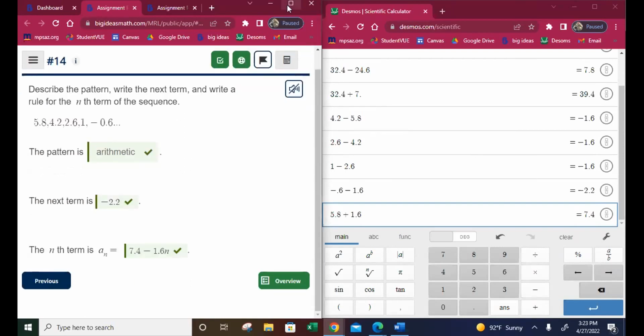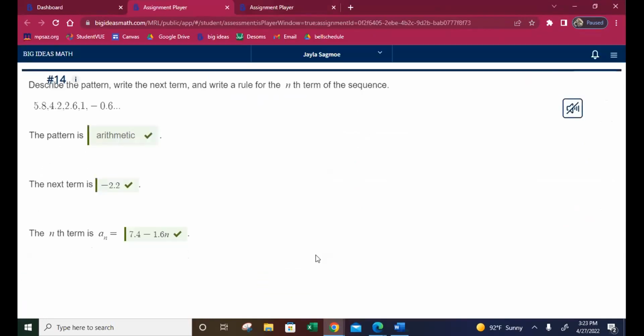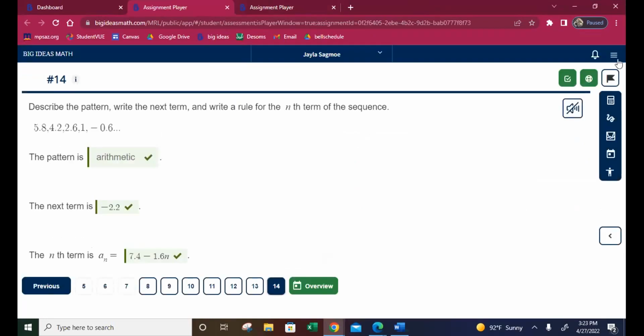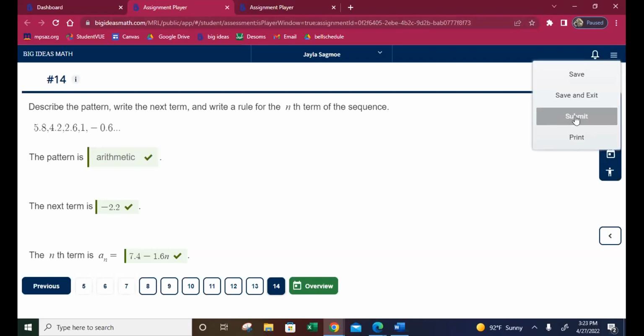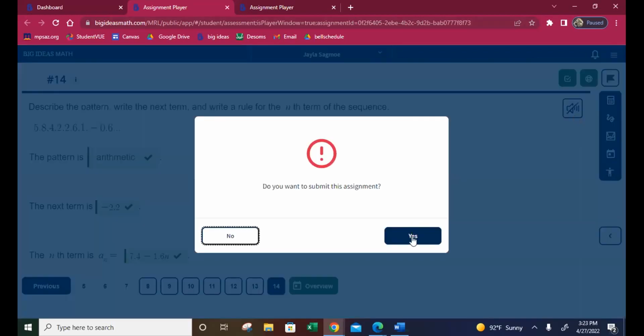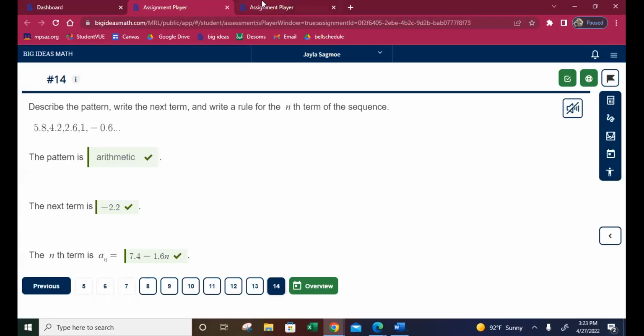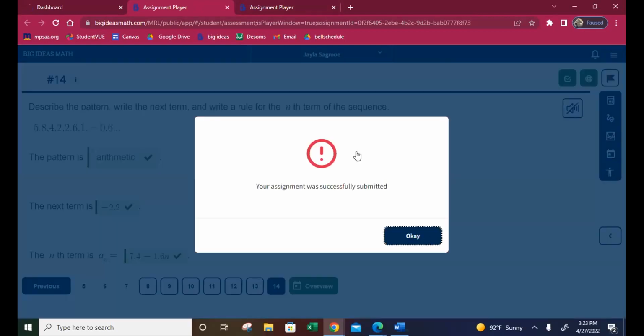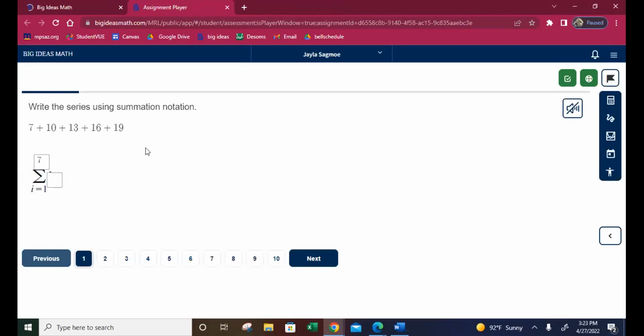The next one must be geometric. All right, the way you're going to answer these is the bottom number is usually always 1.